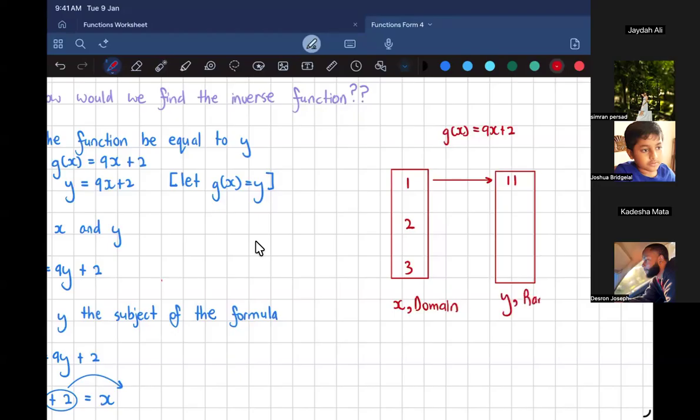If I plug 2 into this function, 9 by 2 is 18 and then add 2 is 20. So you can clearly see, using the original function, we plug in an x value and we get an output, which is the y value. If I replace x with 3, 9 by 3 is 27.